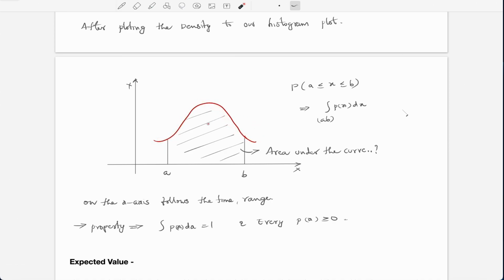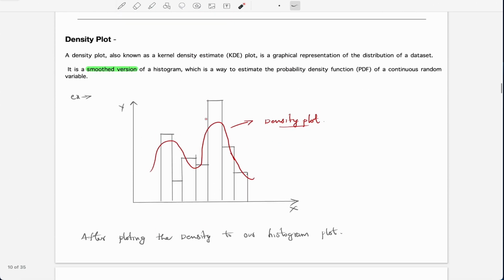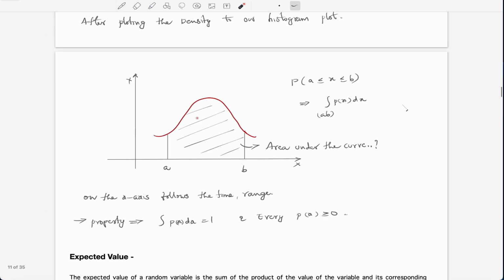We will conclude and summarize the data about what we get over there. We have two points, a and b, where a is less than or equal to x, and x is less than or equal to b, which means x is not greater than b and not less than a.